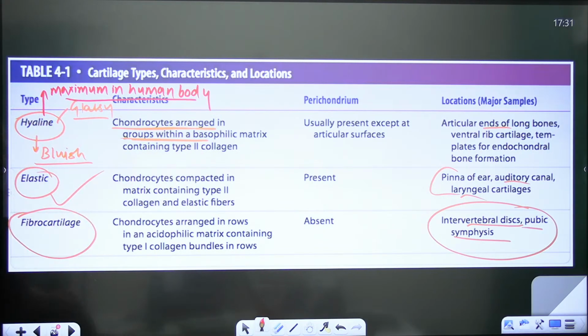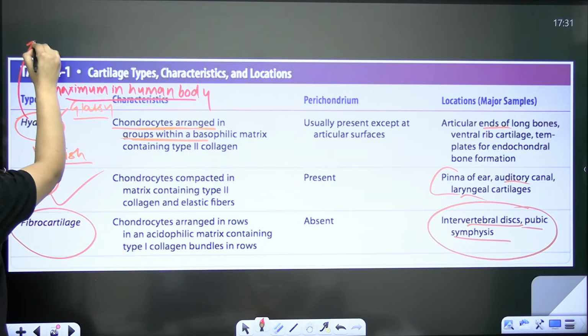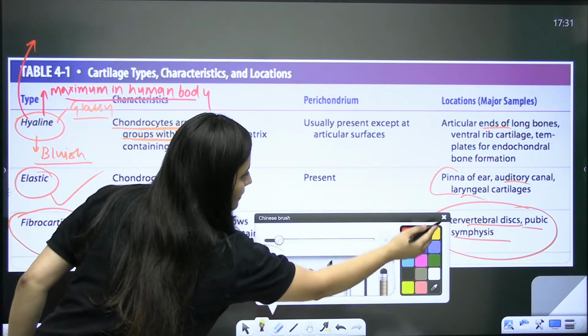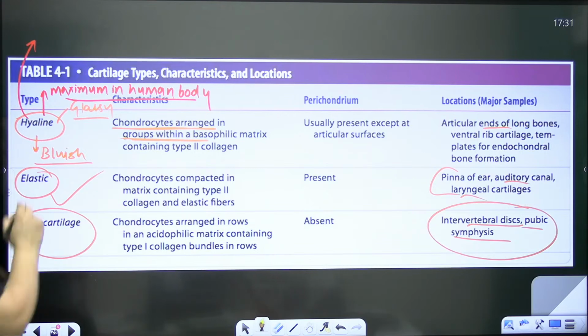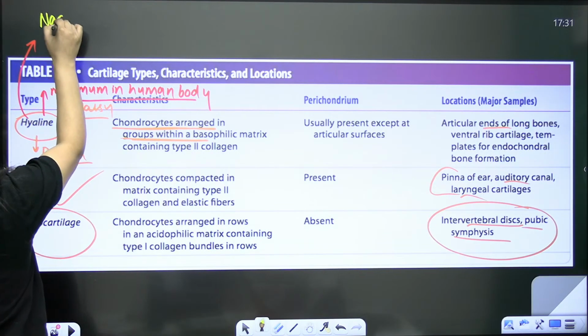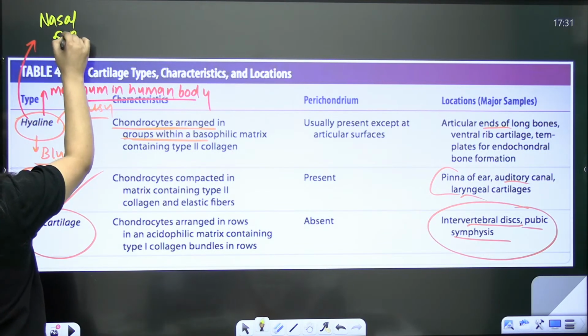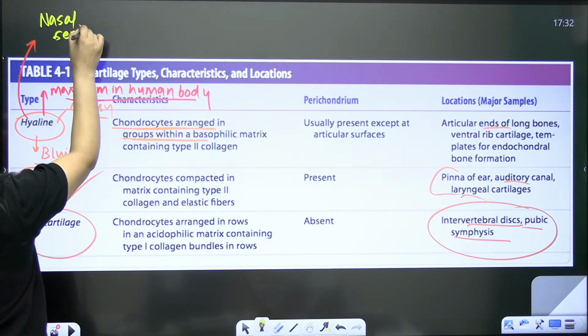Their presence is important. Where are they present? When it is hyaline cartilage, always remember your nasal septum has hyaline cartilage.